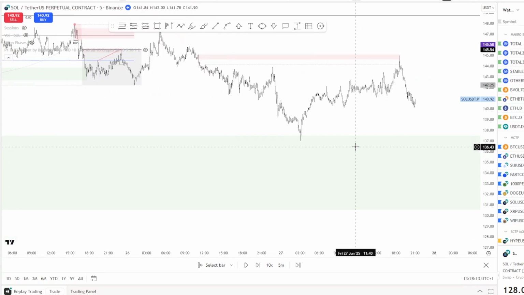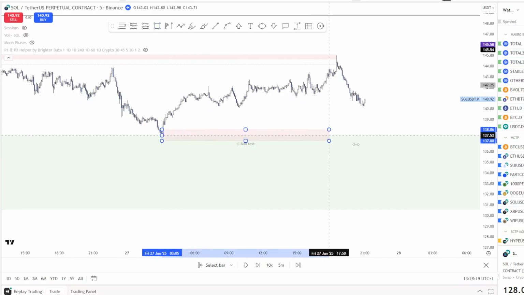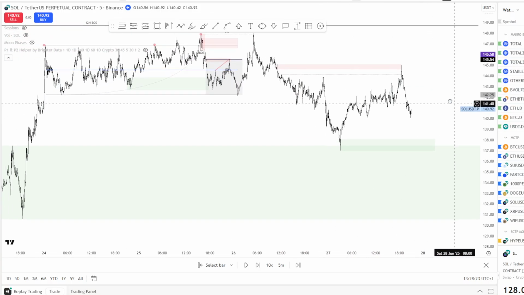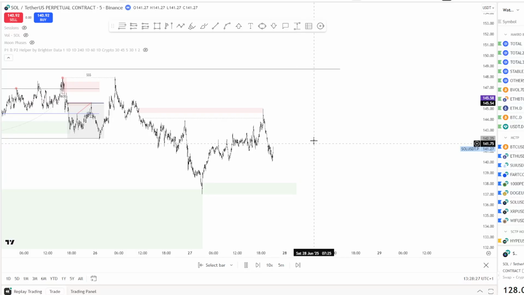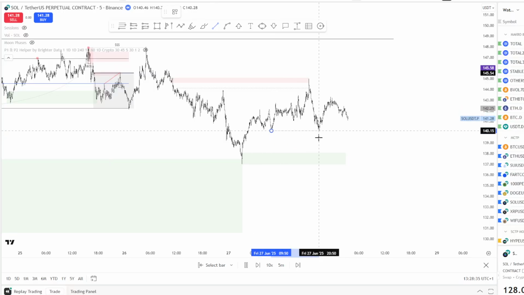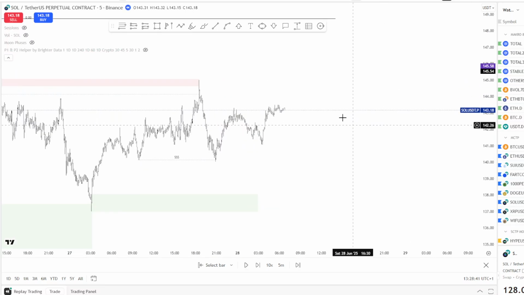So let's keep looking. This is a little demand, but nothing special. But maybe we get a reaction. Here we took some liquidity from the left. This could be a range.